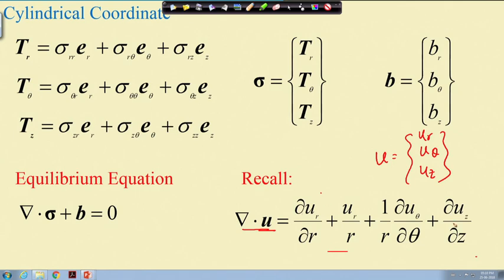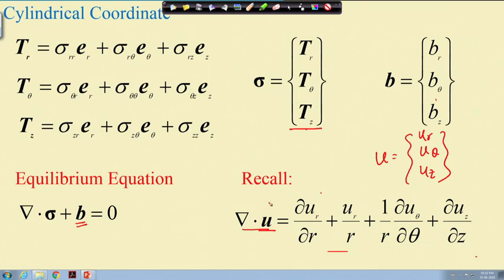Now, next we substitute. In this expression, we have the expression for B. This is the expression of B. We have the expression for sigma, where T_r, T_theta, T_z are expressed like this, and we also know that for any first order tensor u, the divergence in cylindrical coordinate system can be written like this.